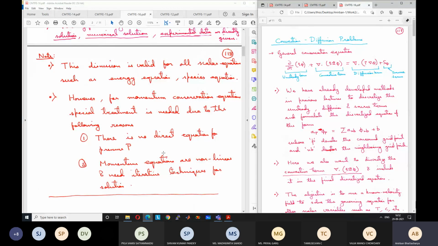Okay, but the main problem with the momentum equation is that the pressure does not have a direct equation, and the momentum equations are non-linear because the coefficients themselves have the velocities, because we have rho u, rho uv, this type of terms. So to solve this, you need an iterative method. Means you need to use the previous iteration values of u, v, and w to find the new iteration values of u, v, and w.